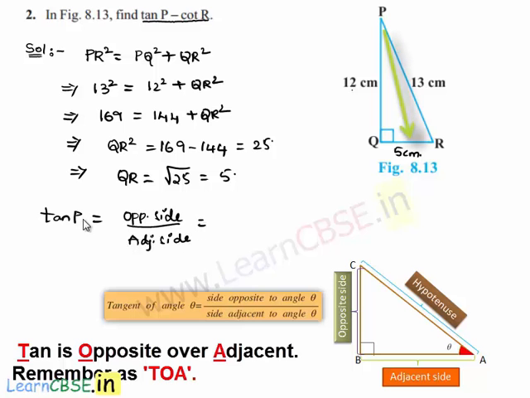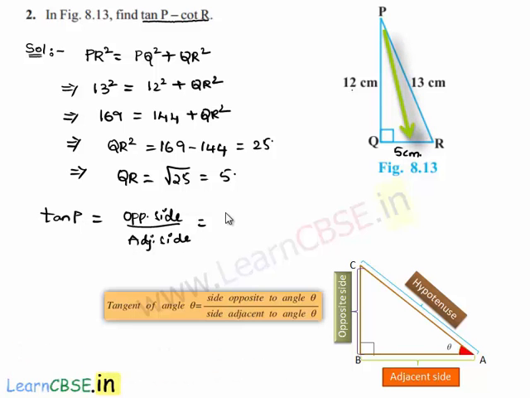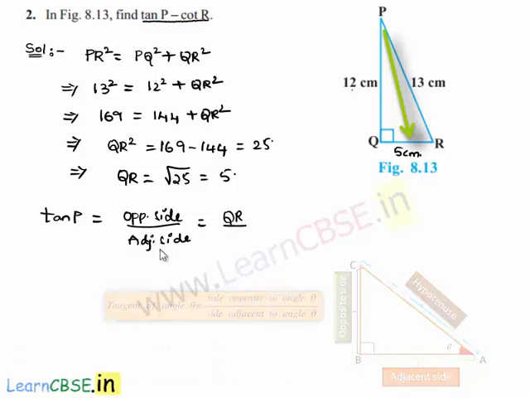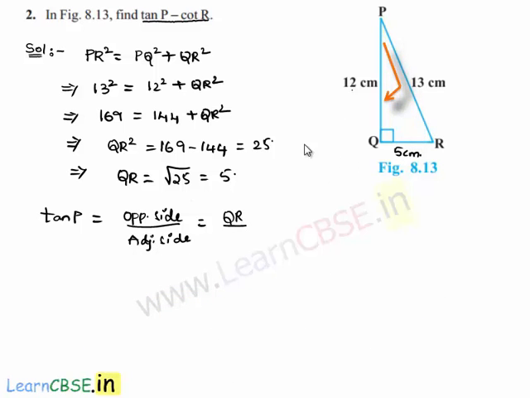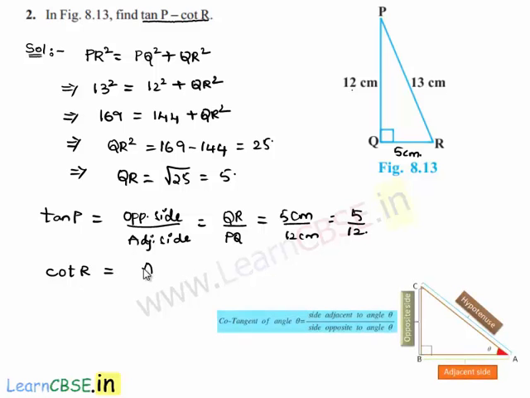The side opposite to P is here QR, by the adjacent side here for P is PQ, which is equal to the opposite side QR is 5 centimeters and PQ is 12 centimeters, which is equal to 5 by 12. Now let us also find the value of cot R. We know that cot of an angle is nothing but its adjacent side by opposite side.